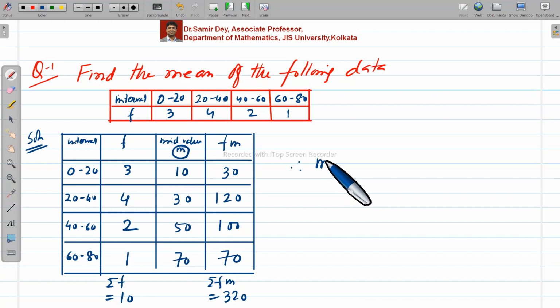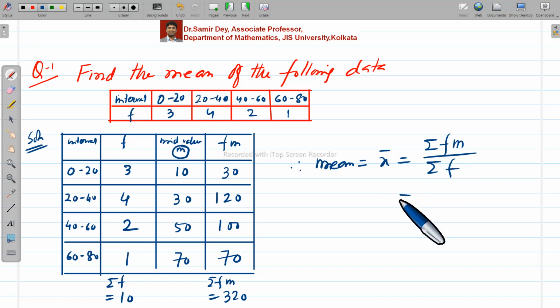So mean, x bar, is equal to summation fm by summation f. Summation fm is coming 320, and summation f is coming 10. So ultimately it is coming 32.